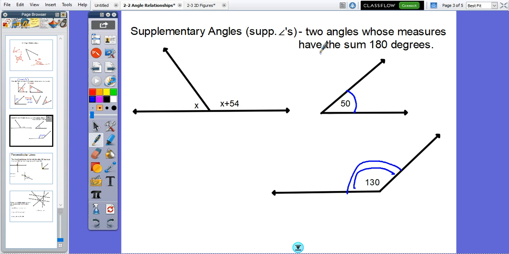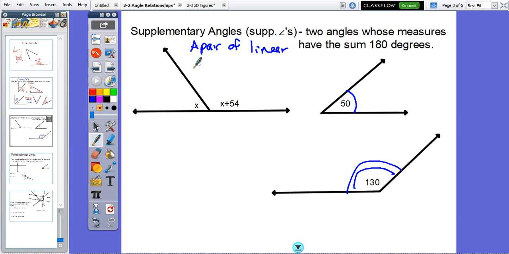So that being said, this is actually a word problem that you had earlier, or you will have. Actually, in the previous book we used to have it, and I kept it in here. The word problem is saying you have a pair of linear pair angles.